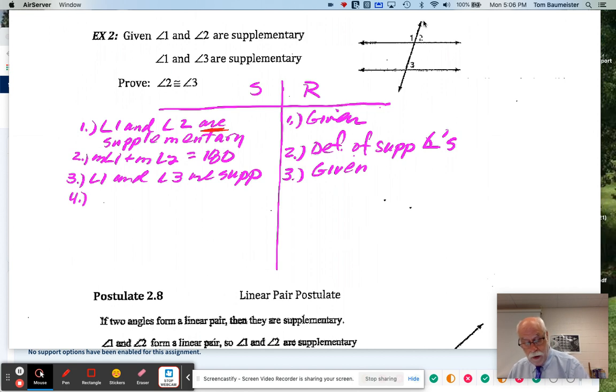same thing. If we know that they are supplementary, then we know that their measures are equal to 180 degrees. And what is our reason again? By definition.